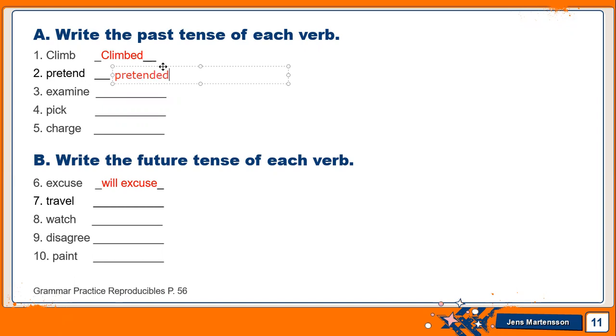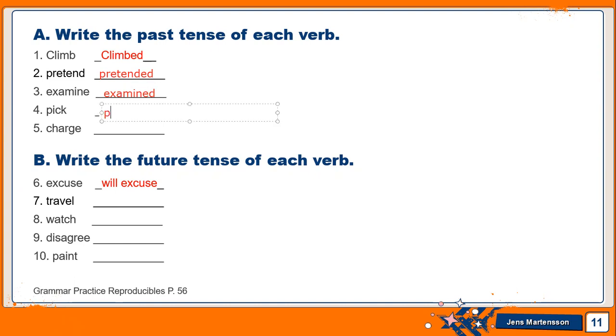I added ed. Then examine, examined. Now, before writing the correct answer, I want you to look with me at this word. Examine already ends with an E. So do I need to add an E again? For sure not. So I just add a D, examined.